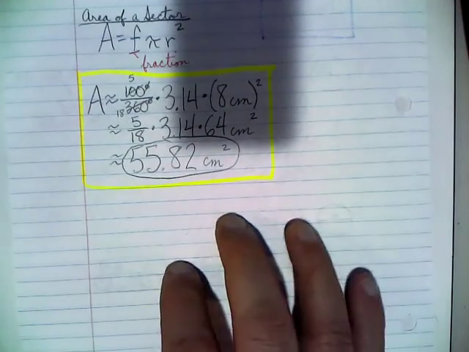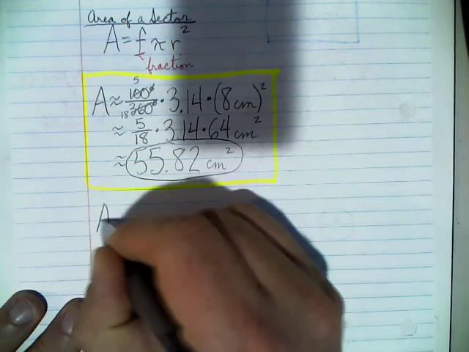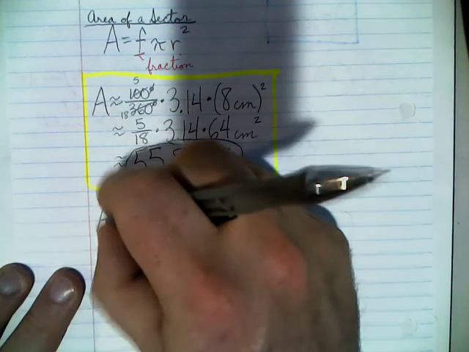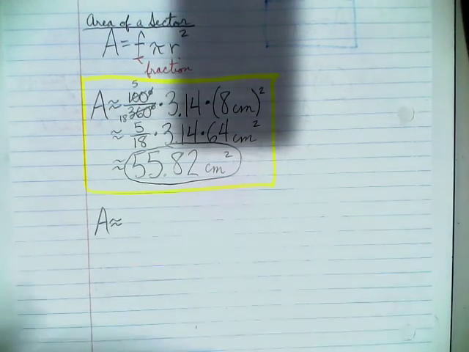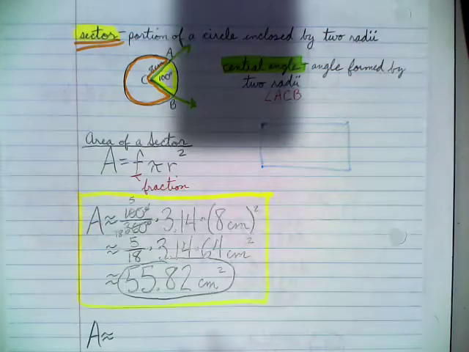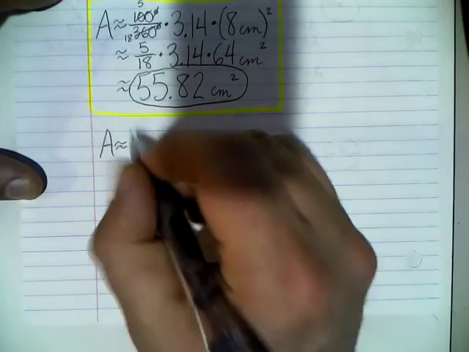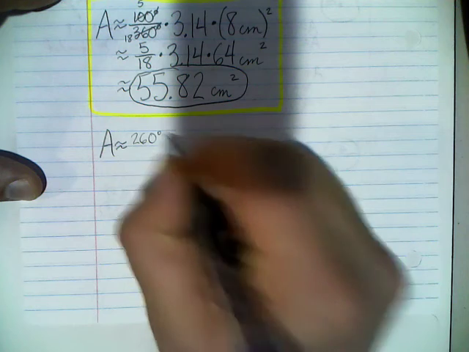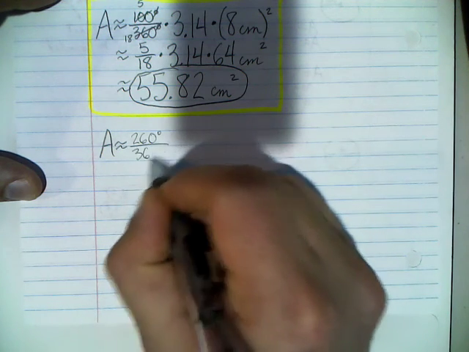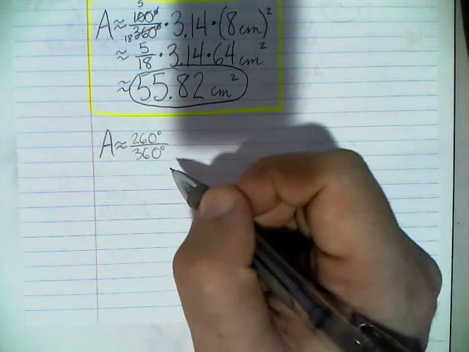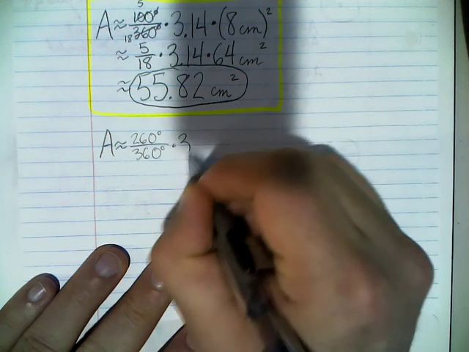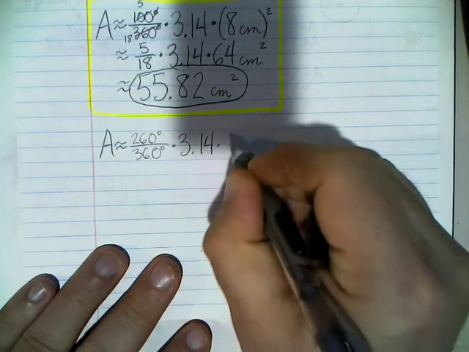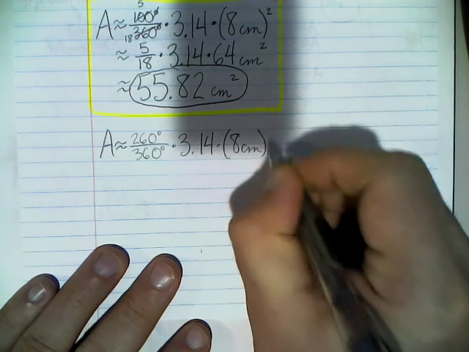So if we want to find the area of that sector, A would be approximately equal to, well, if it's 360 degrees all the way around, but 100 of it is in the yellow area, that means that 260 degrees must be in the orange sector. So that's 260 degrees out of the 360 total, times pi, which is 3.14, times your radius squared.